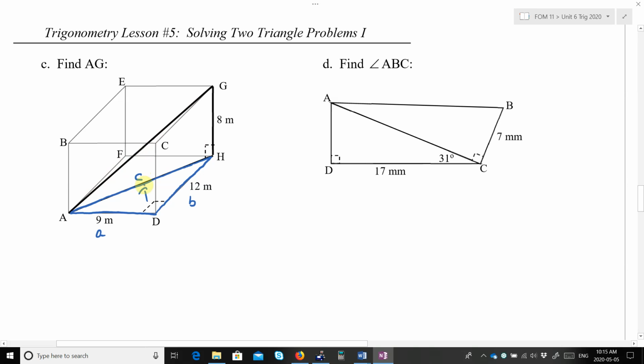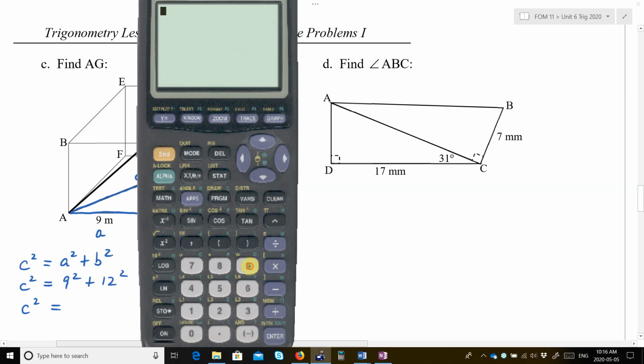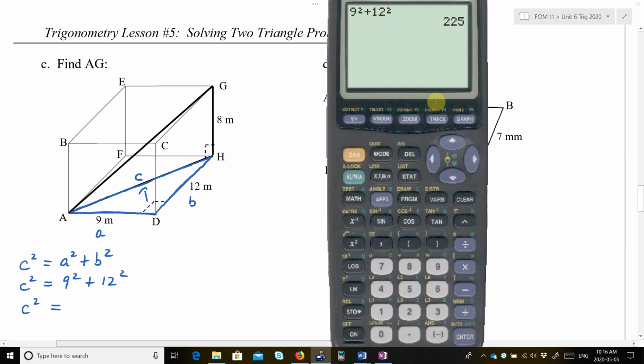Okay, for starters, let's get C here. C squared is equal to A squared plus B squared. A is 9, so it will be 9 squared plus 12 squared. So C squared is equal to 9 squared plus 12 squared, which is 225.